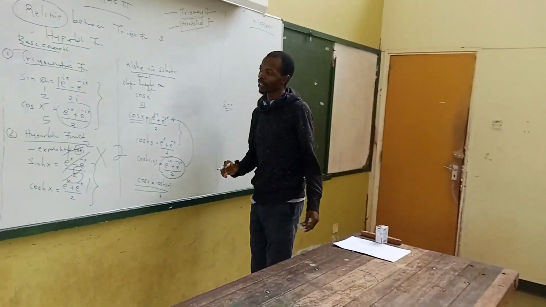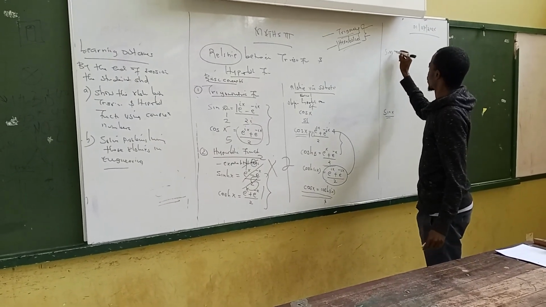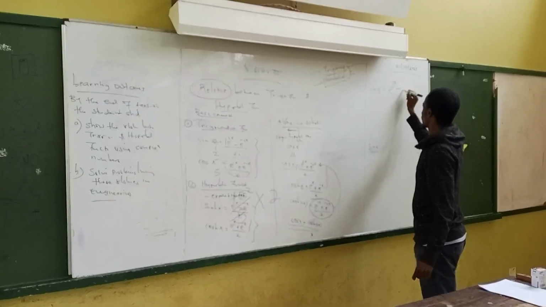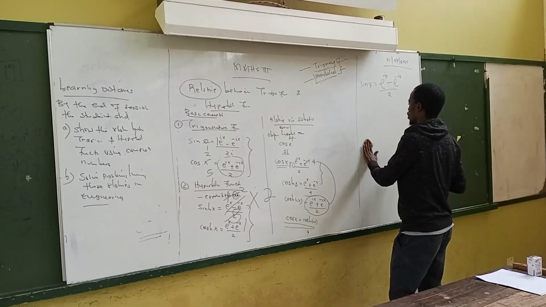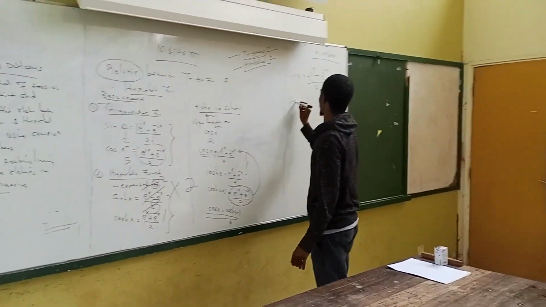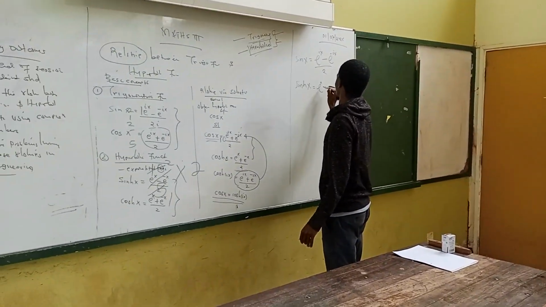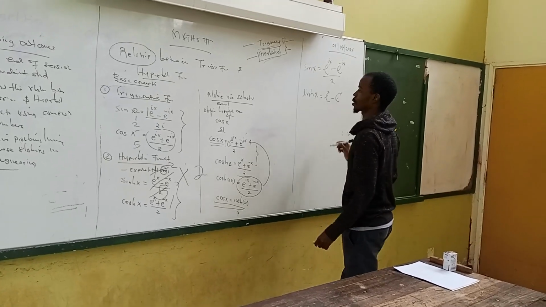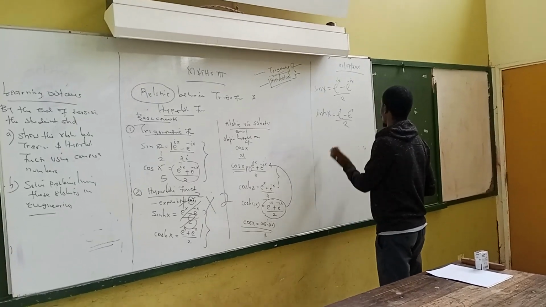So we all get to understand that sine x is exponential ix minus exponential minus ix over 2i. Then cosh x is exponential x plus exponential minus x over 2.